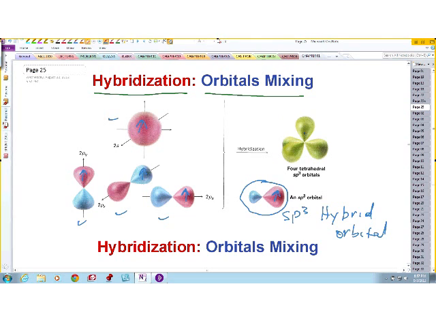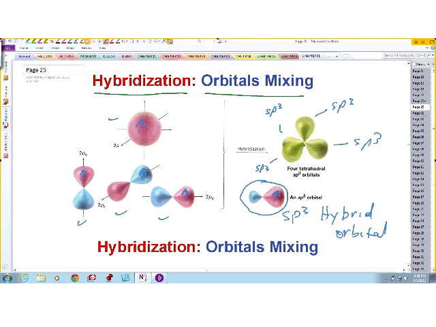Each one of those orbitals now has an electron. Because of the need of these orbitals to be as far away from each other as possible, they assume what we call a tetrahedral geometry. In other words, all of these are sp3, this sp3, this sp3, this sp3, and this sp3.